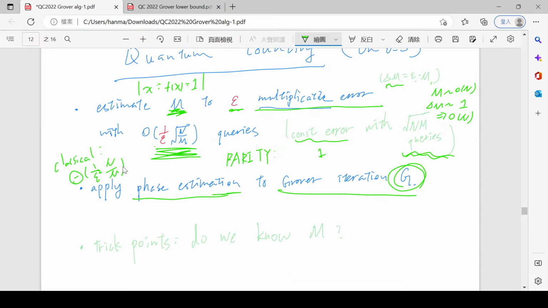And the algorithm we use here is quite complicated.